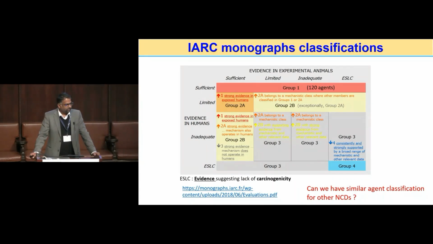In this scheme, Group 1 has 120 agents for which there is sufficient evidence in literature and other databases that they can cause cancer. Now, I wonder if a similar classification should be developed for chemicals for other diseases, such as diabetes, Alzheimer's disease, or cardiovascular diseases.